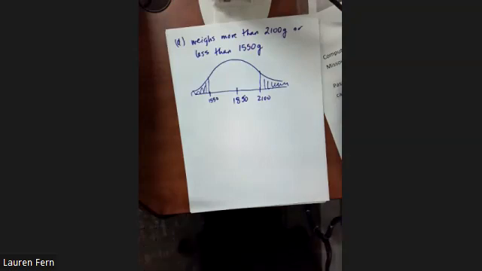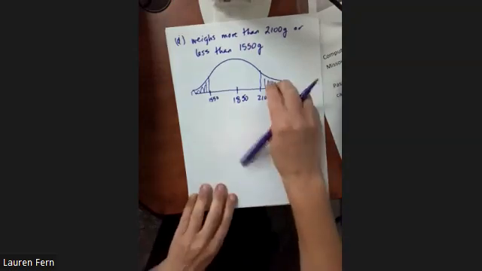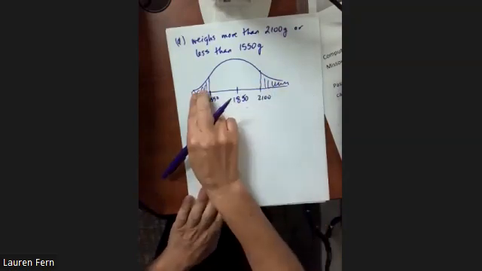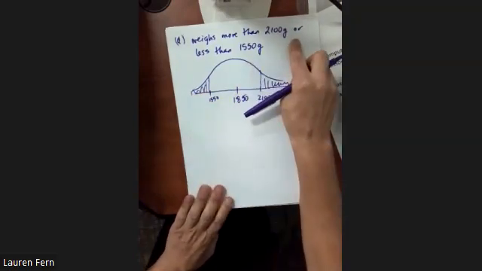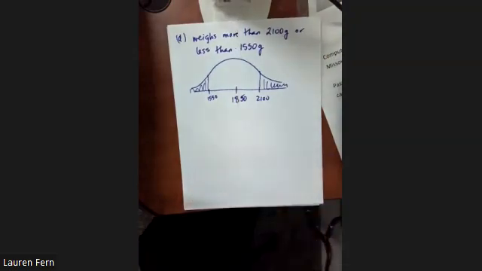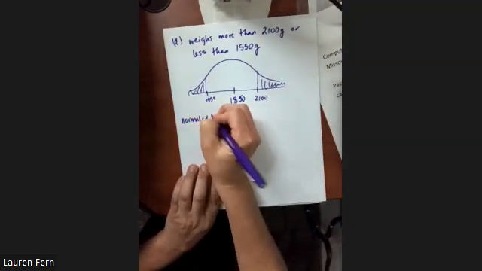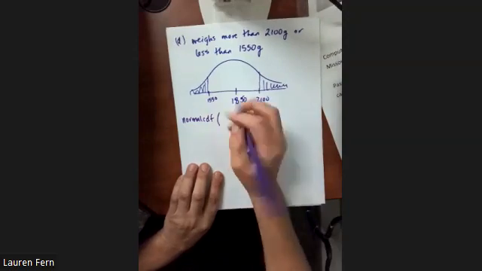Beautiful. You're awesome. What we're going to do is find the area of this region, find the area of this region, and then "or" tells us to add. That's precisely what we're going to do. So essentially, we're going to have two normal CDFs that we're going to add.